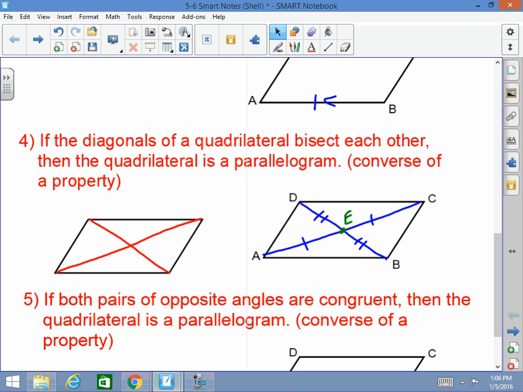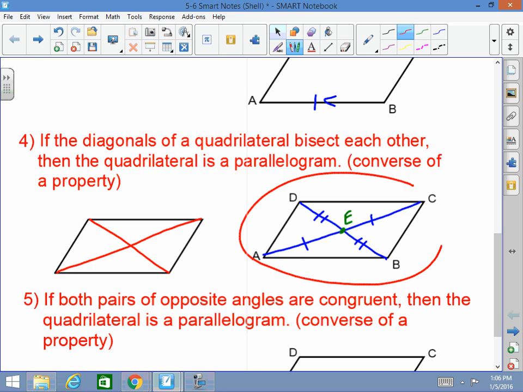I can't say anything here because I don't know if opposite sides are parallel or congruent, and I don't know anything about these diagonals. I know that there are two diagonals. Awesome. So what? I don't know if they're congruent, and I don't know if they bisected each other. Now, once I know that they bisected each other like here, now I know for sure it's a parallelogram.